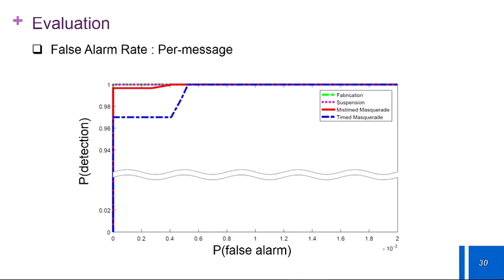False alarm rates would also definitely be an important aspect for IDS systems. So this shows an ROC curve of our system with just per message detection.